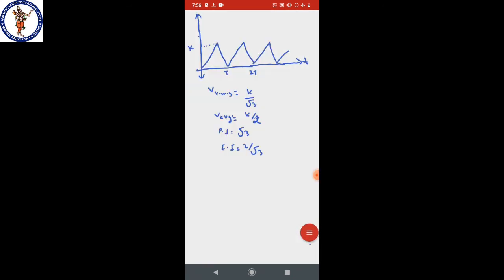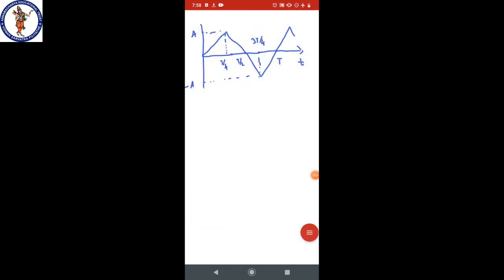Suppose we go for another circuit. Now I will go for the full wave triangular waveform. What is the Vrms value of this? Vrms value equal to A by root 3.